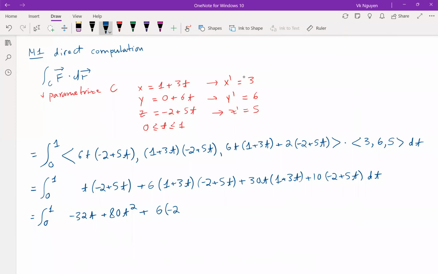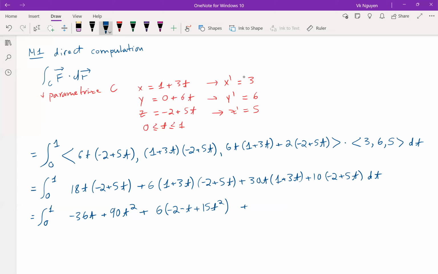All right, thank you. 18 times 2 is 36. 18 times 5 is 90. Negative 2 and 5 minus 6 is negative t plus 15t squared.